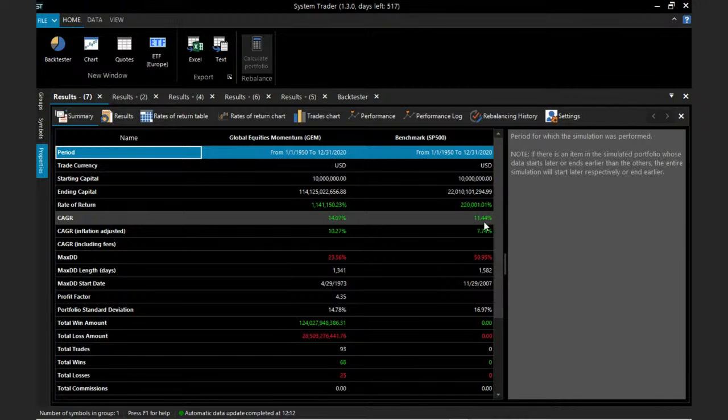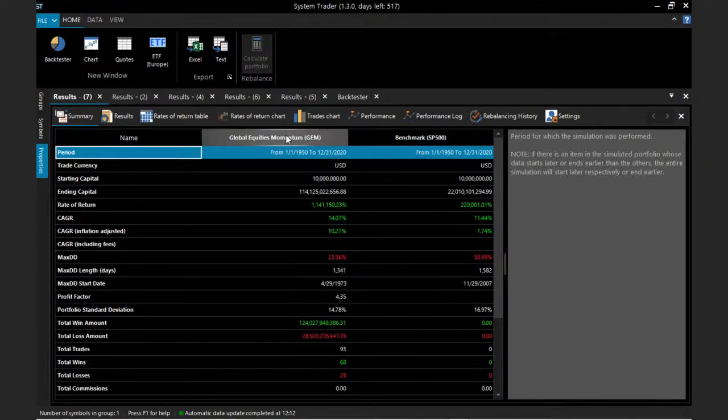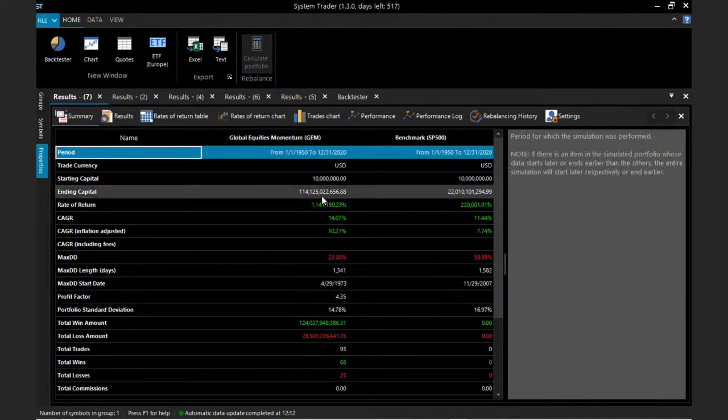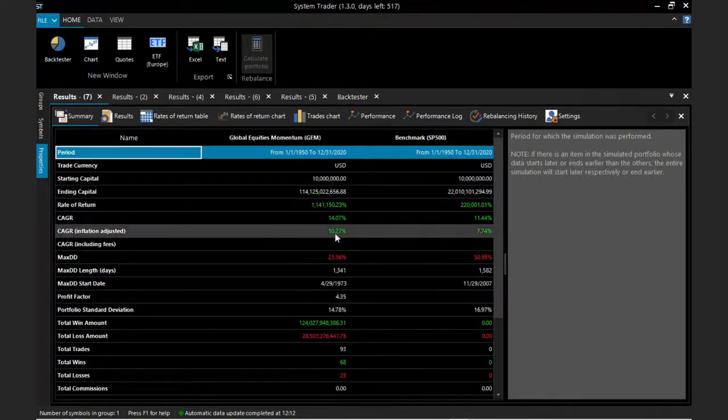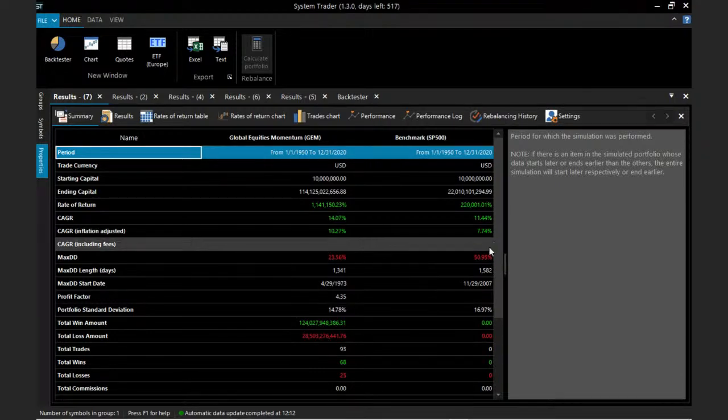It sounds like not a big difference, but it's a huge difference, because the end result for that strategy, for global equities momentum, is more than 5 times bigger than the S&P 500. And after adjusting for inflation, on average per annum we were making around 10%, whereas the S&P 500 over 7.7%.